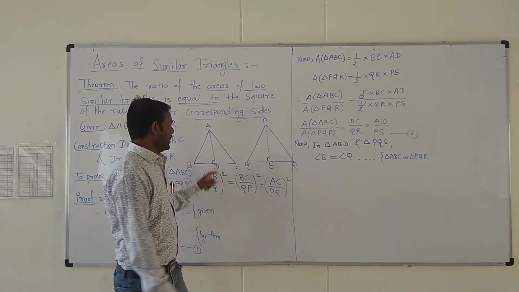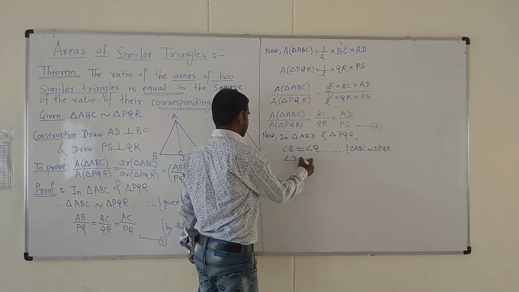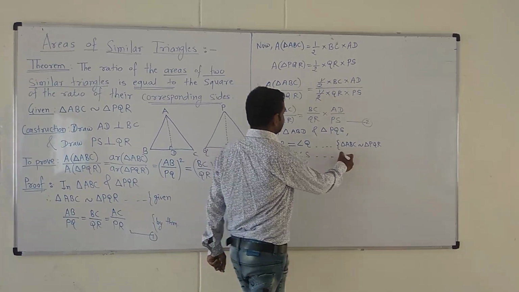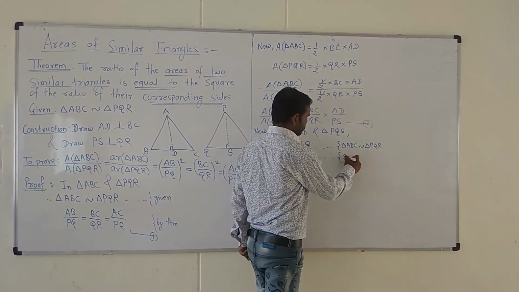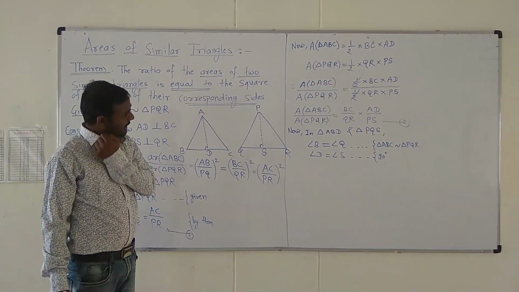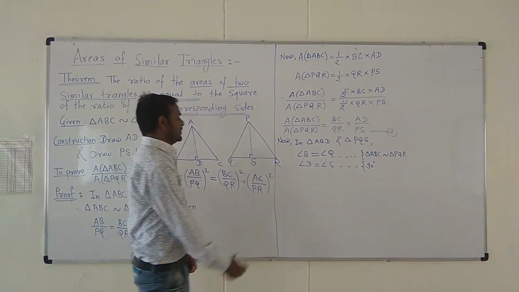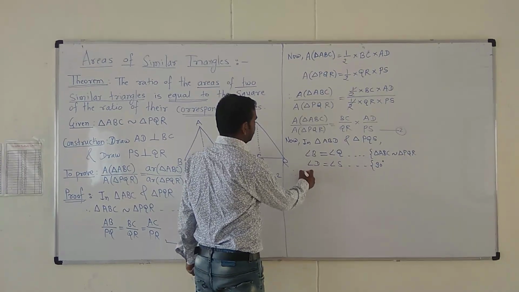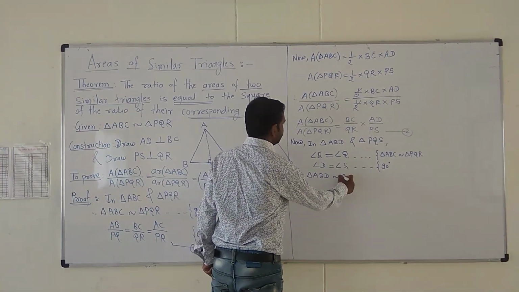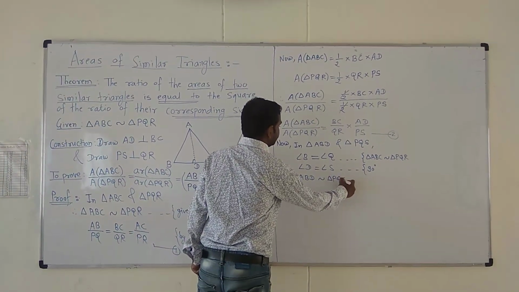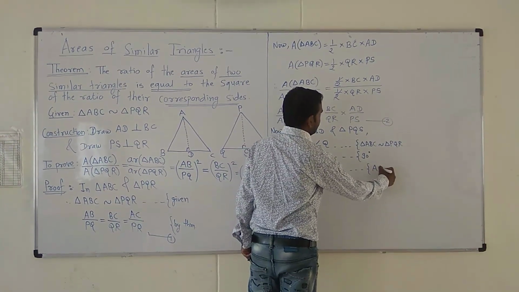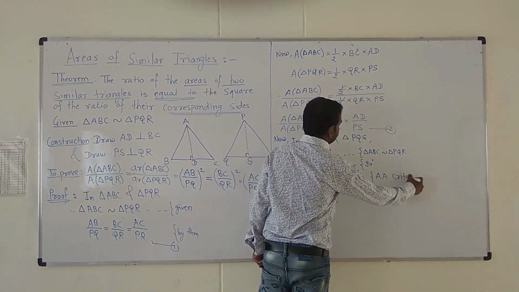Again, angle D is equal to angle S, because both are 90 degrees. Now, two angles are equal, so we say that triangle ABD is similar to triangle PQS by the AA criterion.